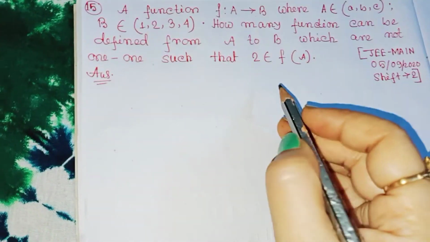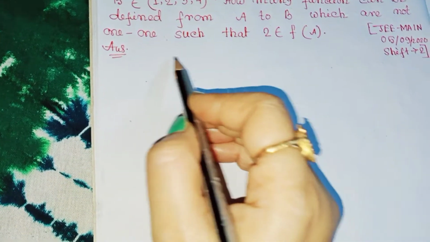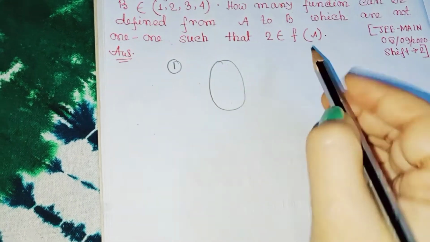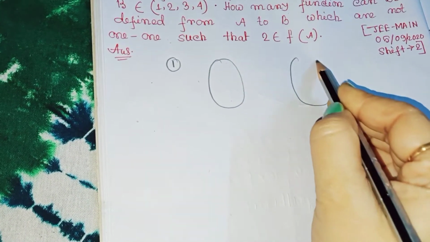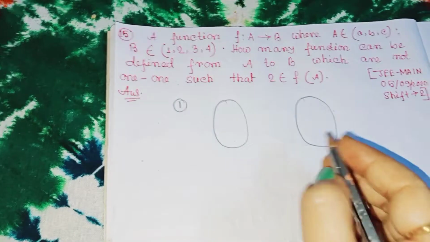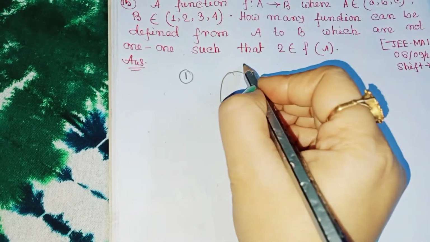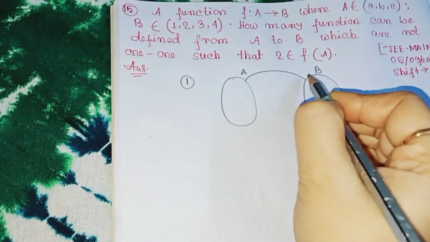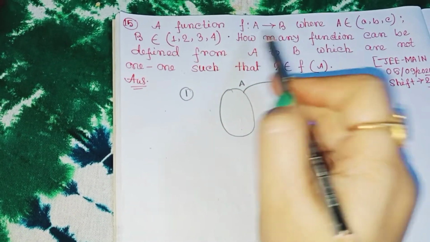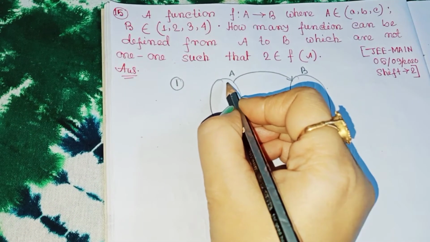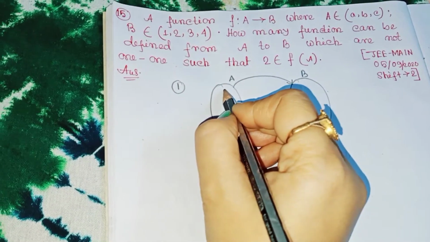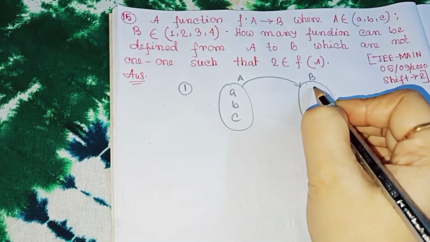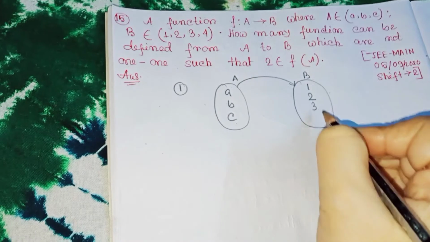So at first, let's take our first option. Here is a set that is A and here is another set that is B, and the mapping is A to B as given in the question. Set A contains three elements a, b, c and B contains 1, 2, 3 and 4.